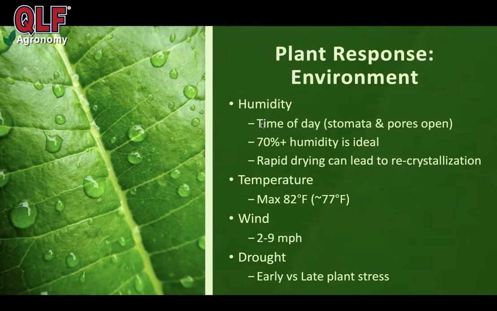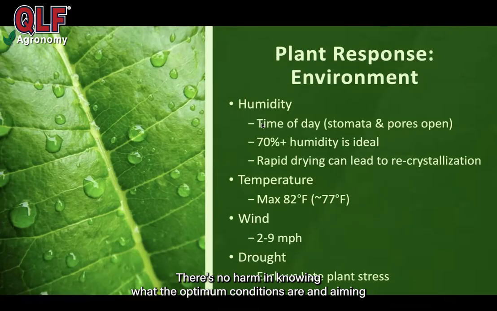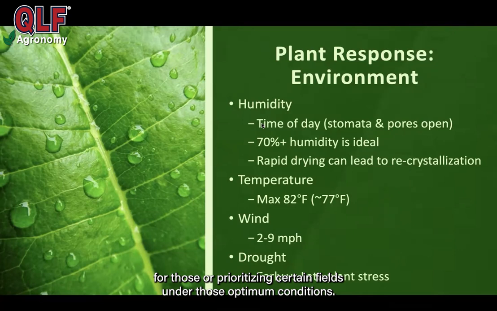Sometimes we've got to be practical and pragmatic in some of this. In some instances the perfect conditions are not always feasible, but there's no harm in knowing what the optimum conditions are and aiming for those, or prioritizing certain fields under those optimum conditions. I know that we have to be practical and sometimes you've got to get the job done.